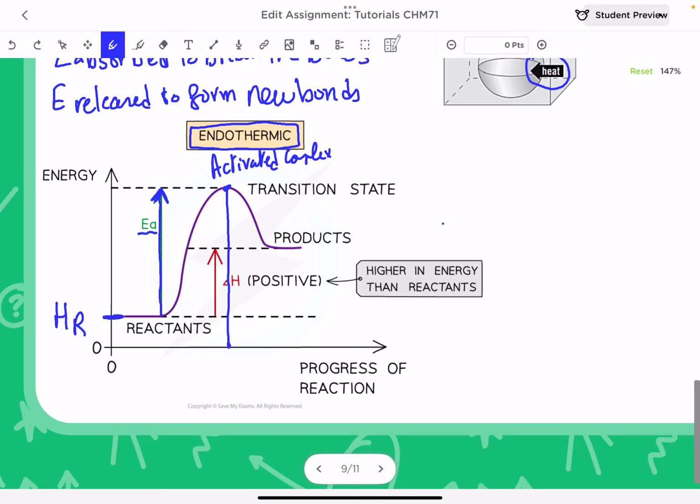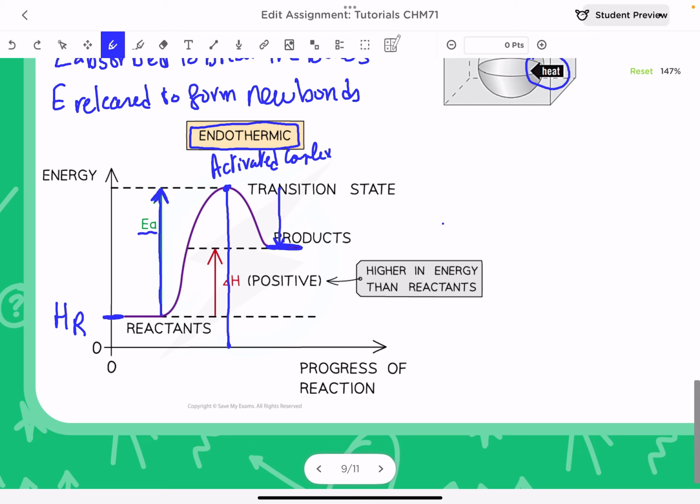Once the reactants reach the energy state of the activated complex, bonds start forming, and here energy starts to be released. Now, since the energy absorbed is more than the energy released, the overall reaction is endothermic.